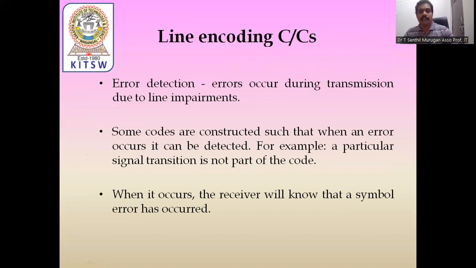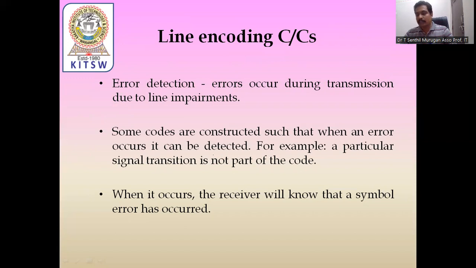Finally, error detection. In this method there is no error detection, but errors occur during transmission due to line impairments. So in case impairments are there, errors may occur. Some codes are constructed such that when an error occurs, it can be detected. For example, a particular signal transition is not part of the code.